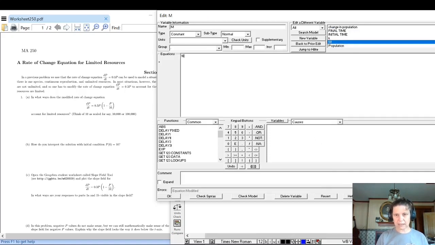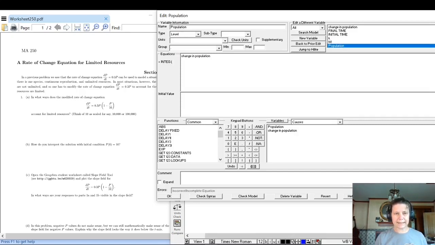M is 10, and that's also going to be in units of whatever the population is. Let's say we're doing ducks today. Our population needs an initial value. It needs to be smaller than 10 to be interesting. Let's say 5. And again, this is going to be ducks.